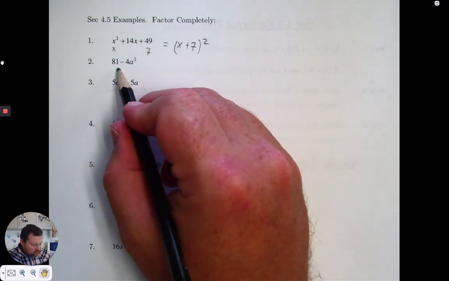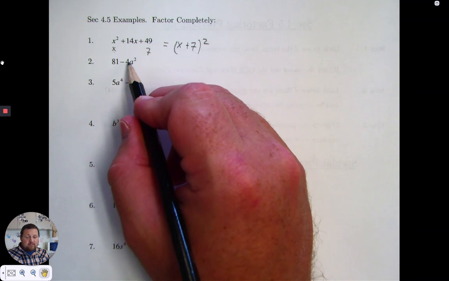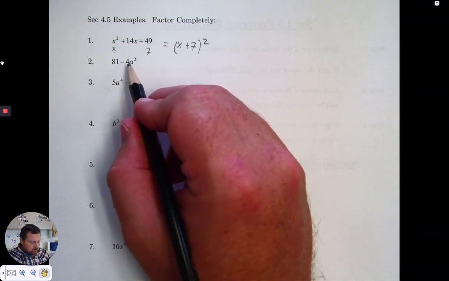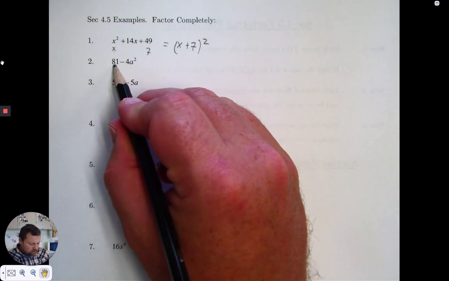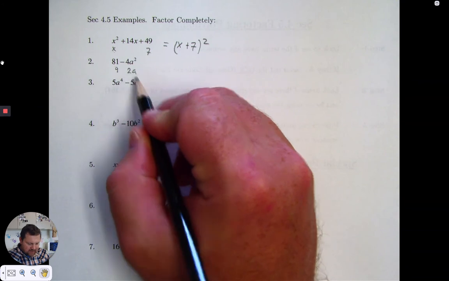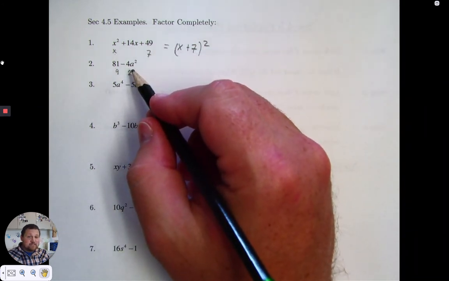For our next one, we again look: is there anything that we can factor out of both 81 and 4a squared? The answer is no, there's nothing we can. But this is a perfect square. The square root of 81 is 9. The square root of 4a squared is 2a. So we have those 2 perfect squares being subtracted, so that's the difference of squares.